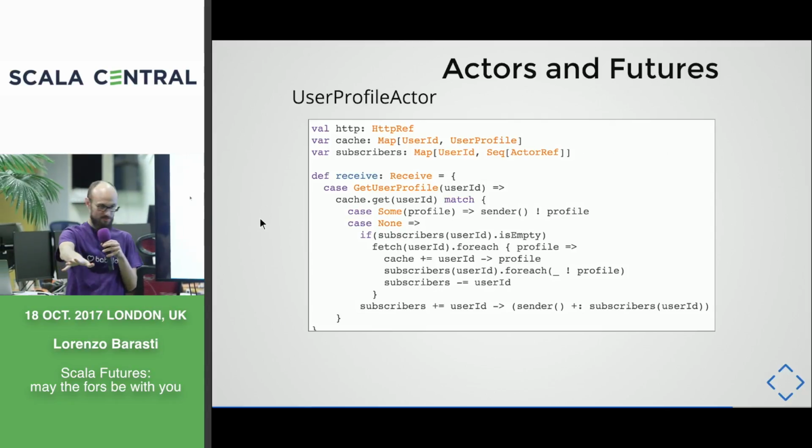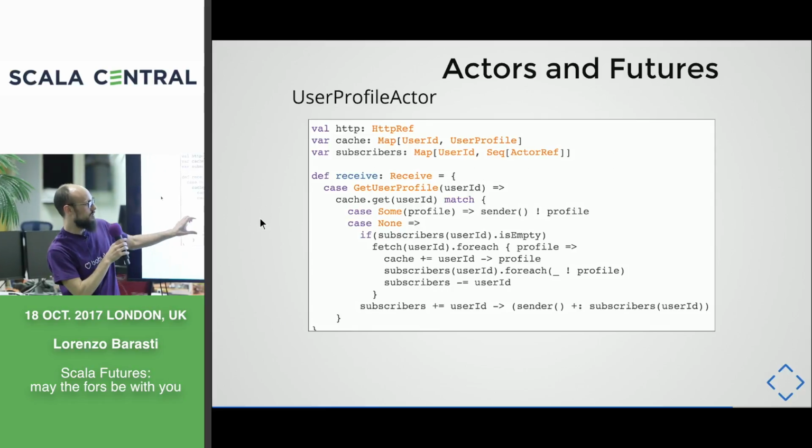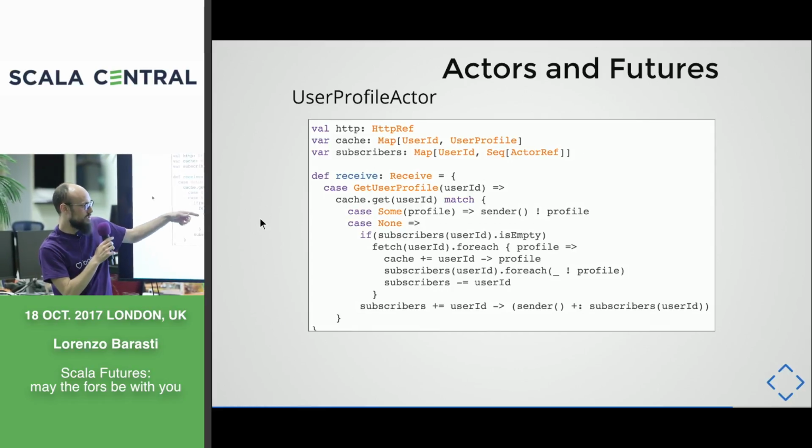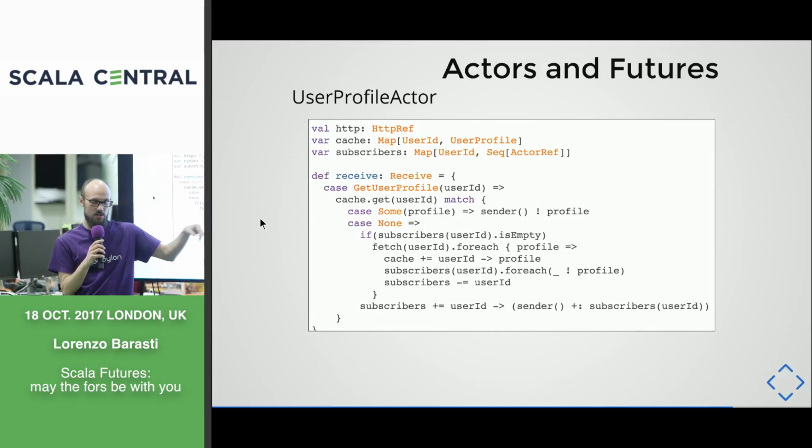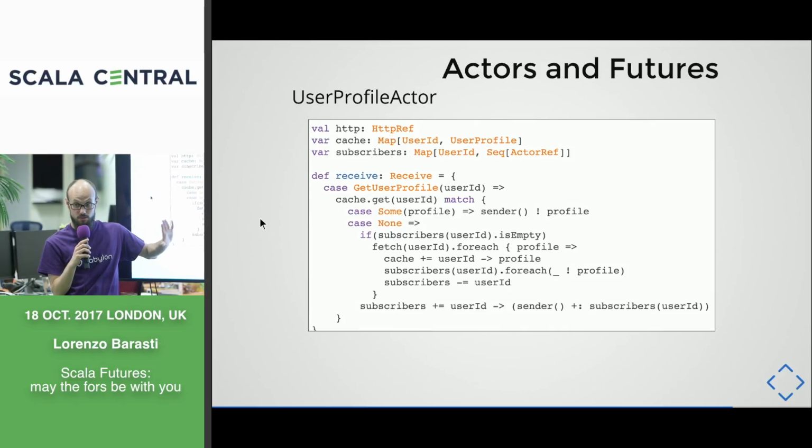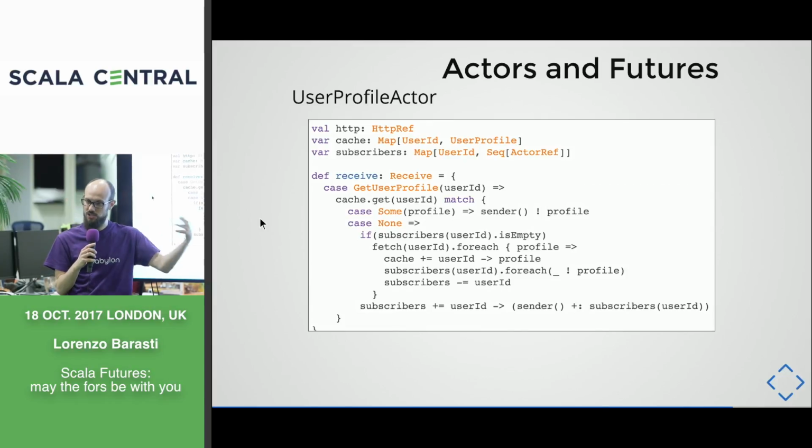How is that possible? Great question. It's possible because once you issue the fetch request, this fetch is a non-blocking HTTP request. Akka guarantees that once you're done processing this message, you have this future hanging there, but you're still going to process messages coming in.